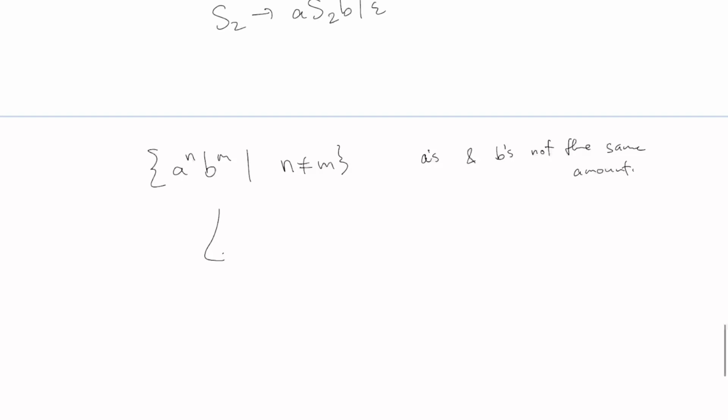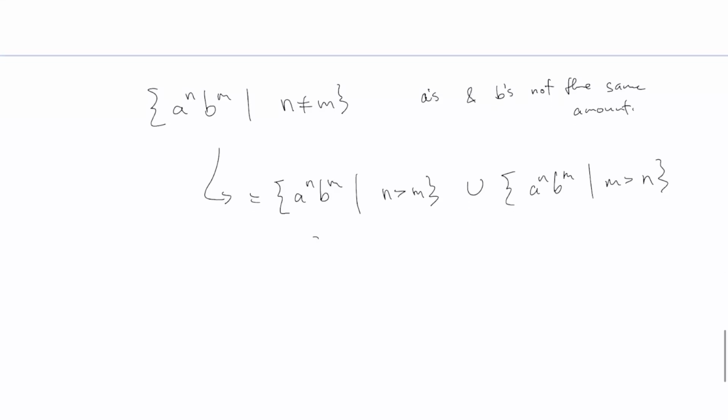So this set right here is equal to the union of A to the N, B to the M, where N is bigger, or A to the N, B to the M, where M is bigger, right? And that's a union, because I said the word or. And do we know how to deal with each of those two sets? Yeah, we do. They are the same types of sets that we just did in the previous example. So the first one has extra A's.